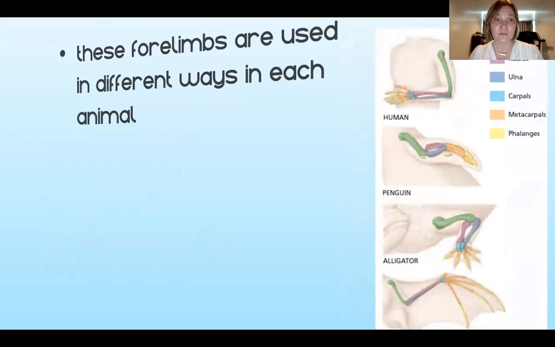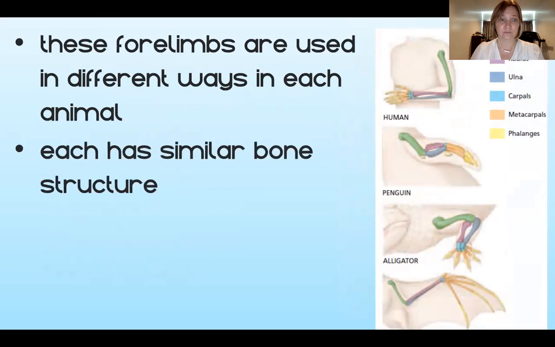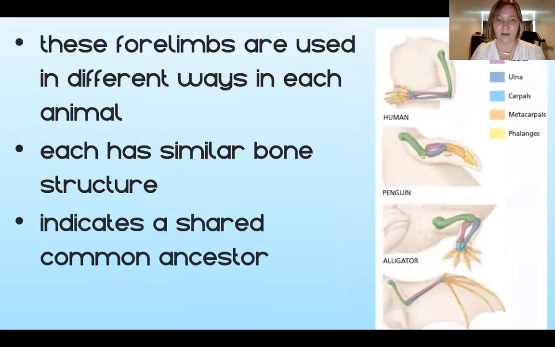These forelimbs are used in different ways in each animal, and yet they still are comprised of the same bones. They have similar bone structure, which indicates a common ancestor, even though they have different functions. You can still find anatomical similarities between them.